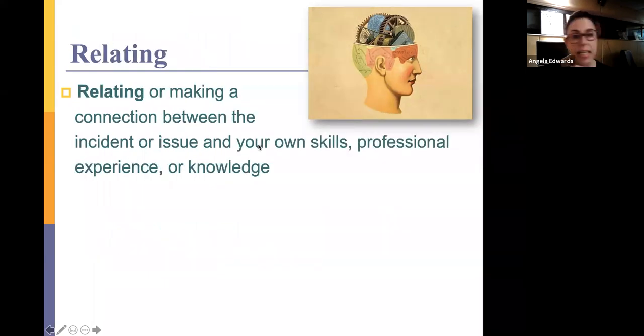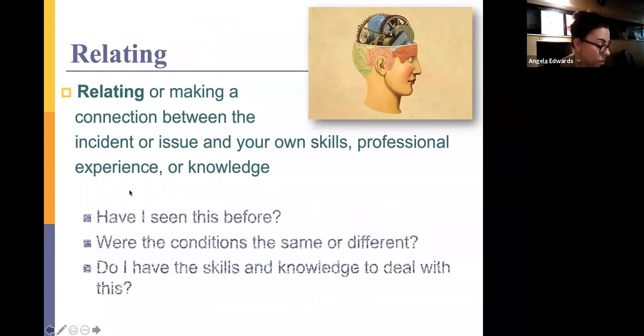So relating involves relating or making connections between the incident or the issue and your own skills, professional experience, or knowledge. So you might ask questions such as, have I seen this before? Were the conditions the same or different?